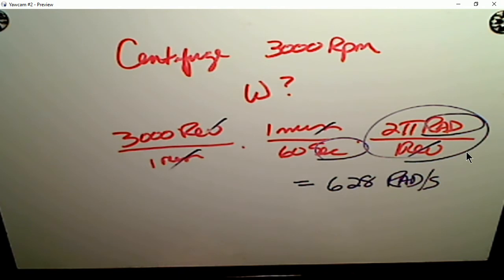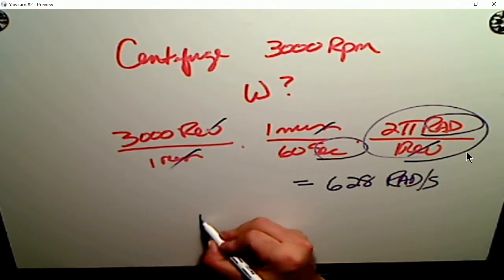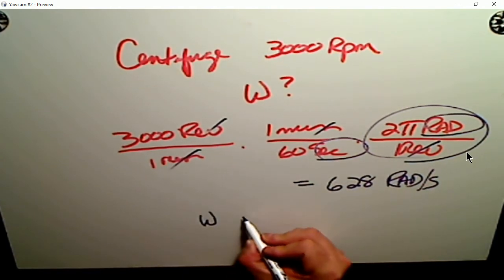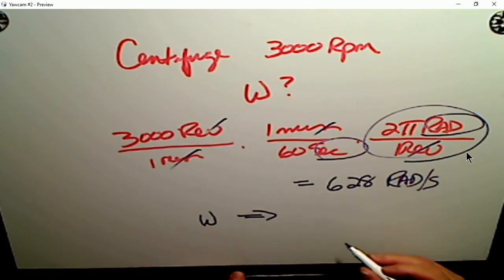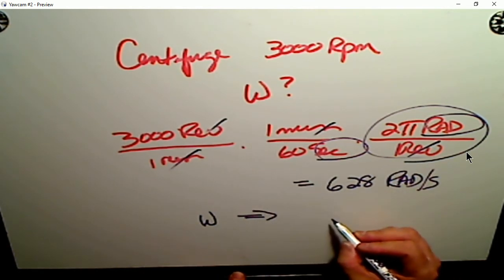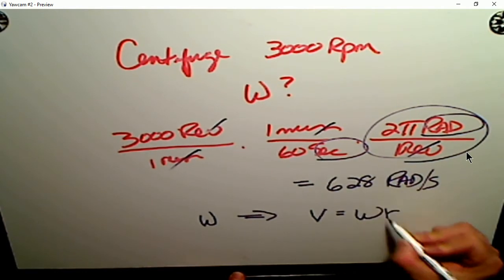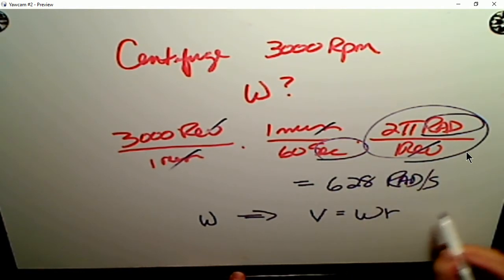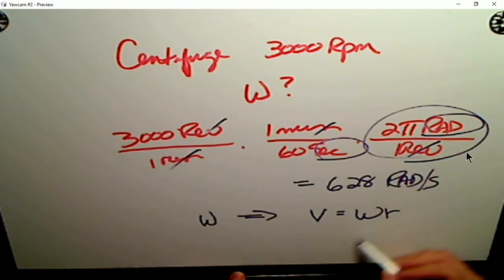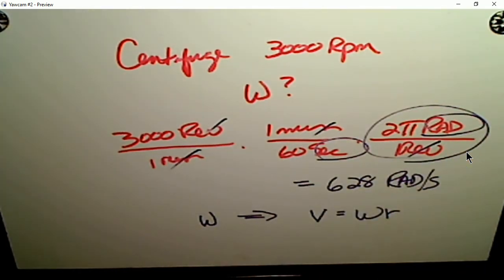Now once I know omega, just keep in mind that there is an equivalency with omega in that velocity is equal to omega times the radius. So I can get the velocity around this curve in terms of tangential velocity, much like we did in the previous slide.